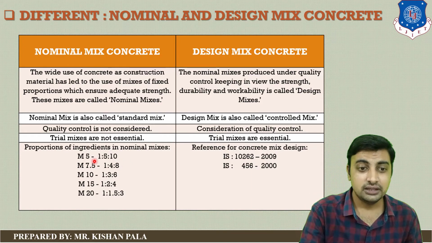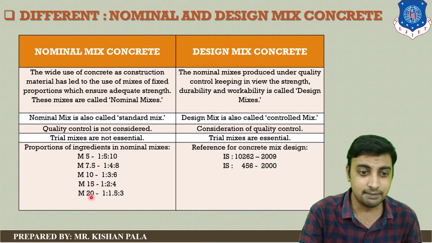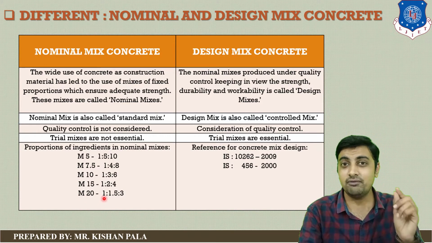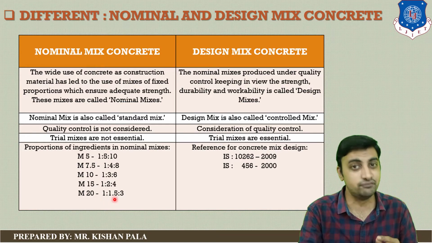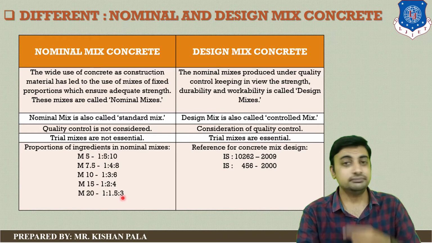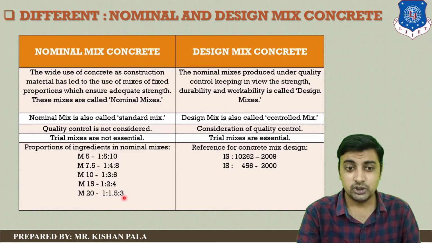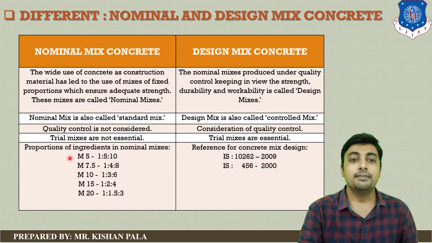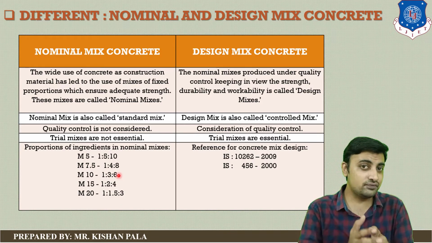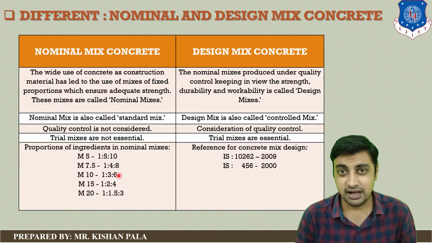So you can see the different grades shown in the table. You can see M20, it means 1 part is required for the cement, 1.5 parts for the fine aggregate and 3 parts for the coarse aggregate. So you can see the different nominal mixes you can use for the different grades of the concrete mass.